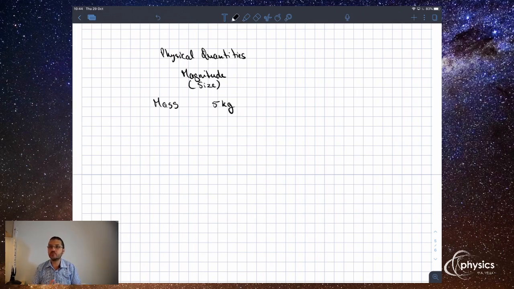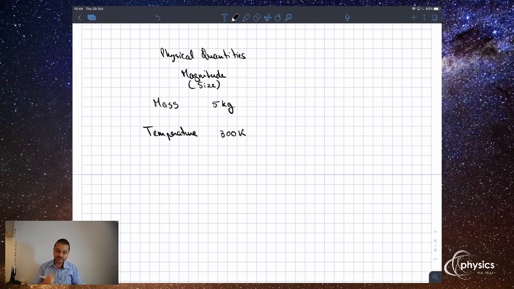Another physical quantity which is described by its magnitude only is temperature. If I say that the temperature is 300 Kelvin, full stop, I'm describing the temperature of the air in the room, for example, and it's enough. I don't need to give more information.